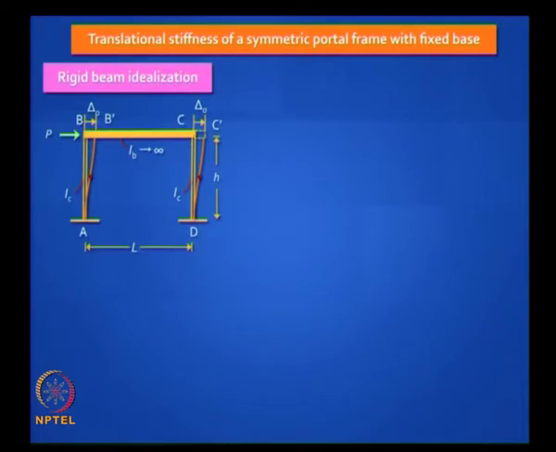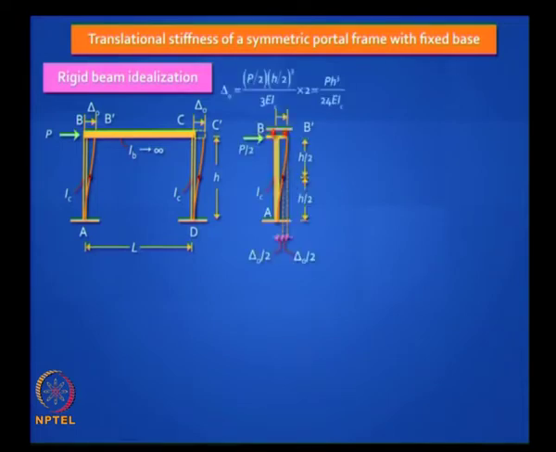Okay, where that hinge is located, what is the movement? So look at the isolated model. It will move by delta naught by 2, right, in the middle. You see here, if this overall movement is delta, do you agree this is delta naught by 2? Yes, sir. Can you write an expression for delta naught by 2? That is easy, that is a cantilever, right, and it is 2 times that.